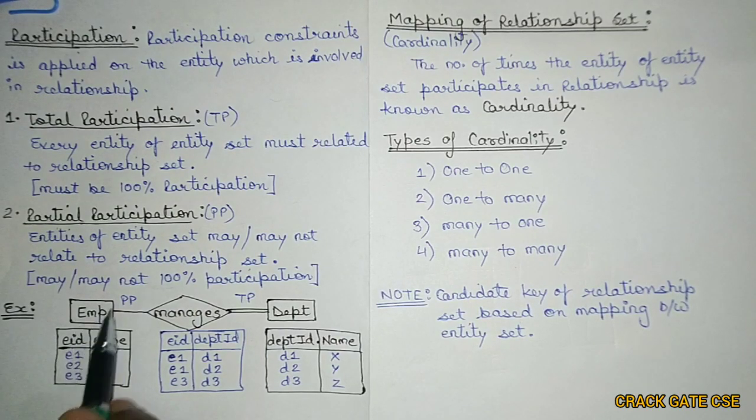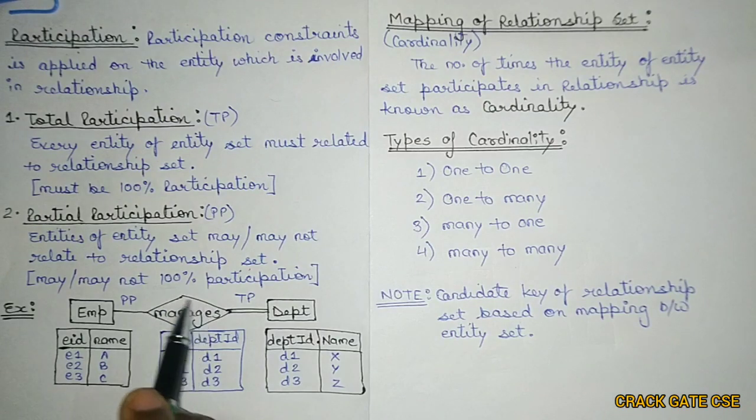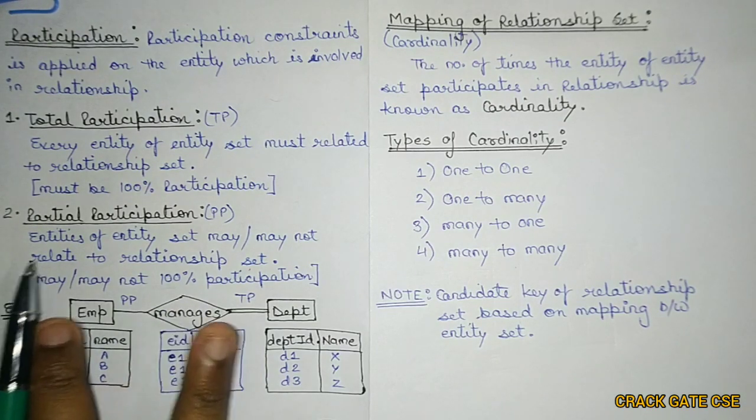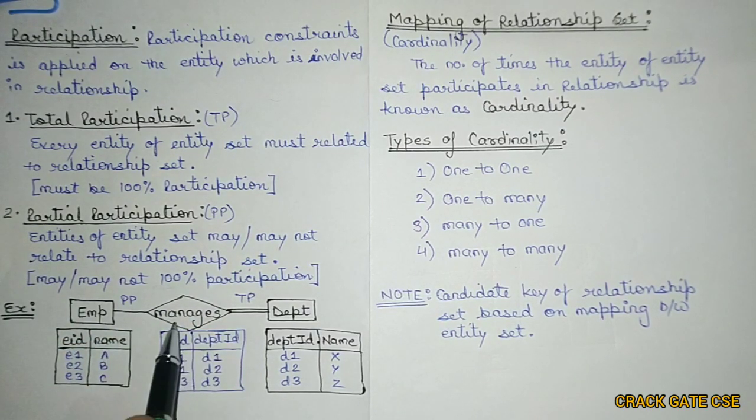Now how will the entities be related? Suppose I have an employee table with these entries, and similarly a department table with these entries, right? Now I have to find the table for this relation, that is, what the relation will be between employee and department. As I already told you in the previous video, if we are considering two different entities and relating them, then the key of both the entities should take part in the relationship set.